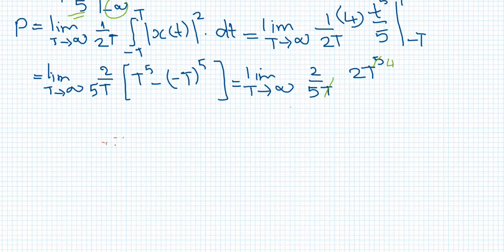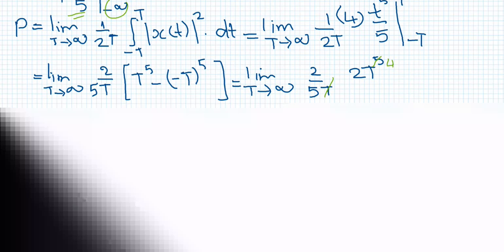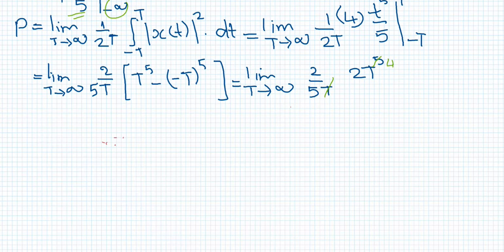So I still have the t in the numerator, and when we apply the limit here, it will give me infinity. So basically we also got the power as infinite here.